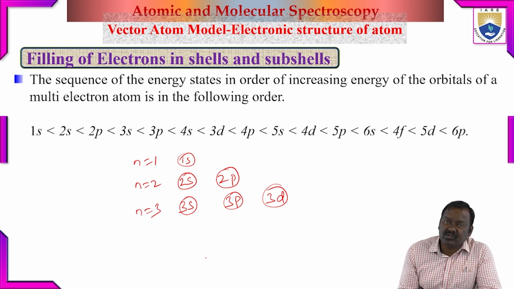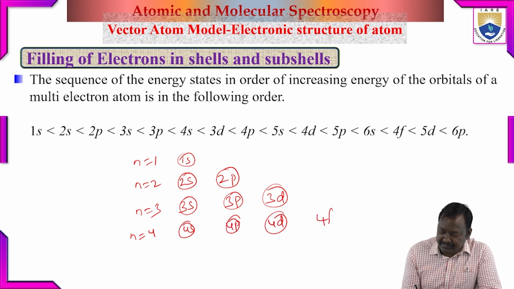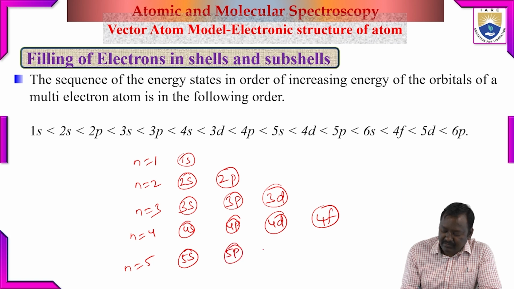These subshells also indicate different orientations of the orbitals. For n equal to 4, 4s, 4p, 4d, 4f, and for n equal to 5, the subshells are 5s, 5p, 5d, 5f, 5g.